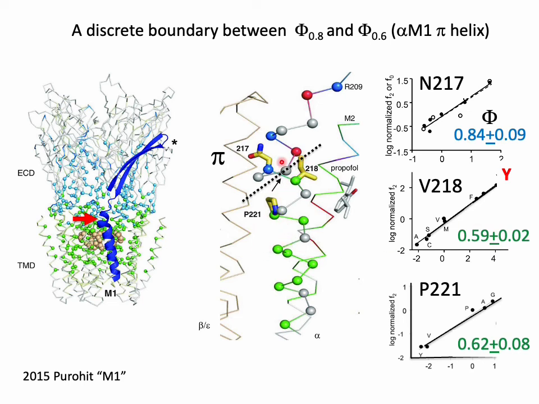Now if you notice above the 217, there's this conserved R209 in the linker region, which helps hold the thing together. And there are two red residues here, and that's a low Phi of 0.3. And you may ask, well, what is this low Phi residue doing in this high Phi region of 0.8? Well, we don't know, but it turns out in structures, these residues are in contact with lipids.